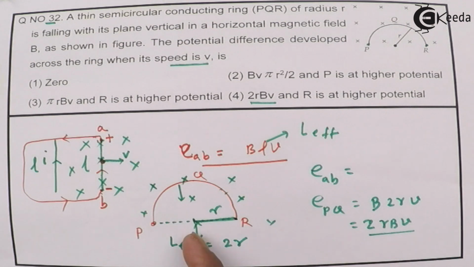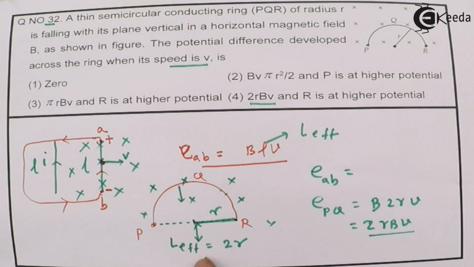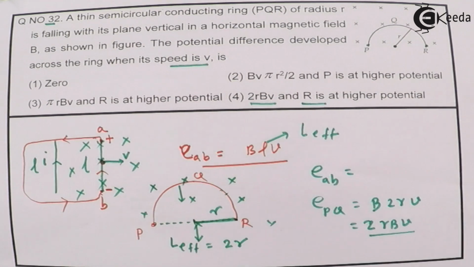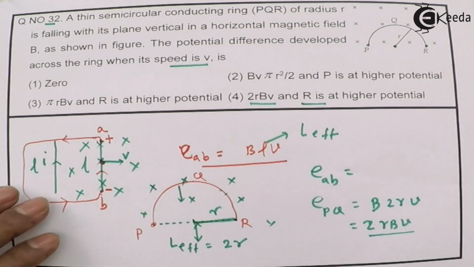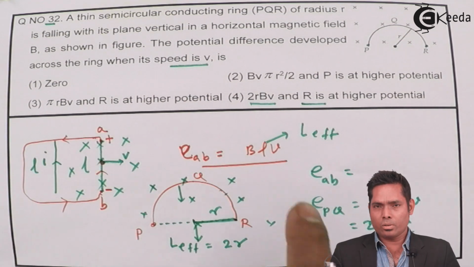The ring is moving downward, and QV cross B is in that direction, so there will be higher potential in this direction, and that point is R. So R will be at higher potential, as determined by QV cross B. So this is the answer to this question.